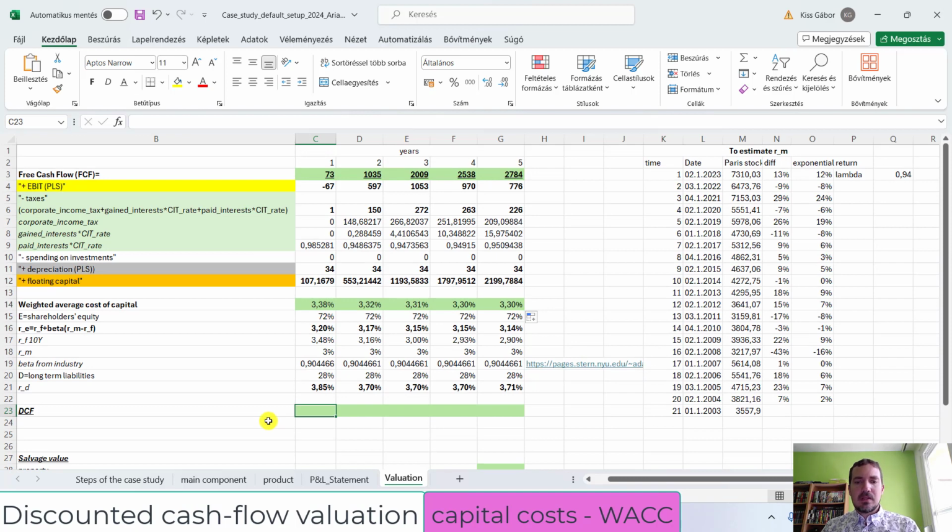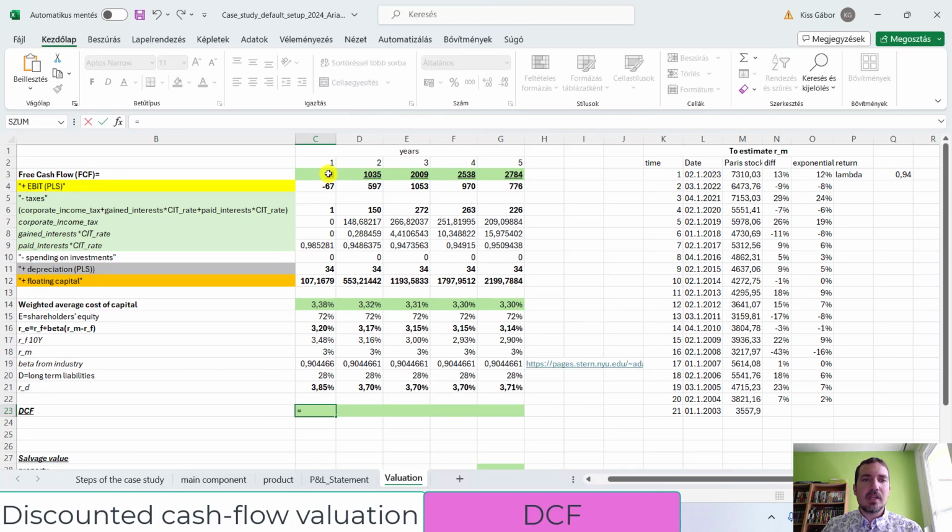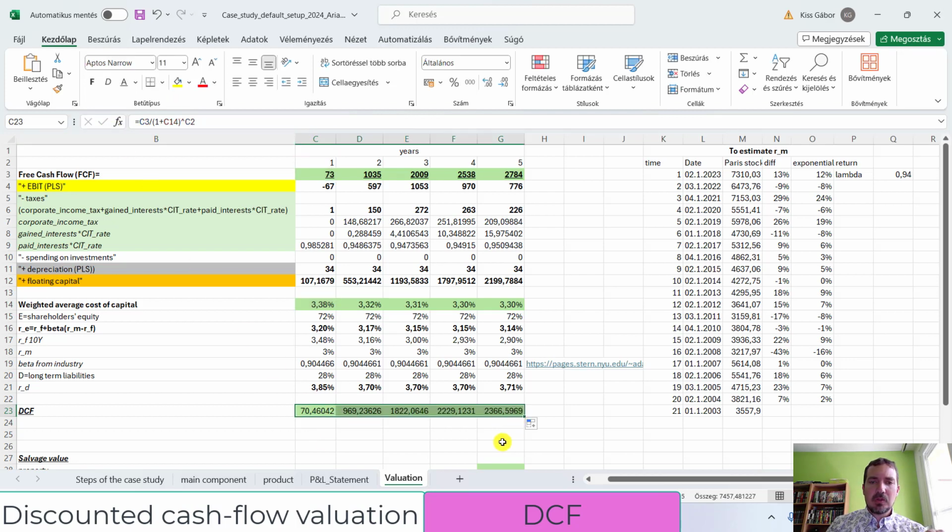Okay, so now we just have to say that discounted cash flow is free cash flow divided by, still the same thing what you did already in corporate finance, 1 plus this thing, and then it goes back.